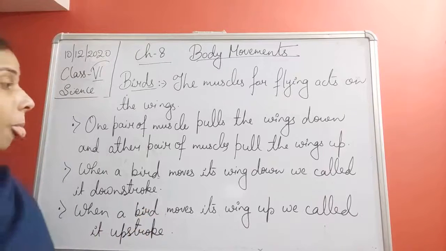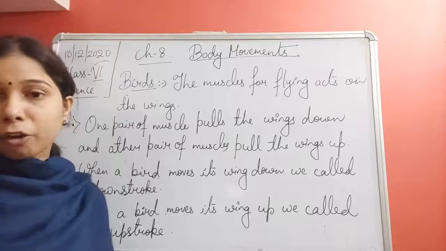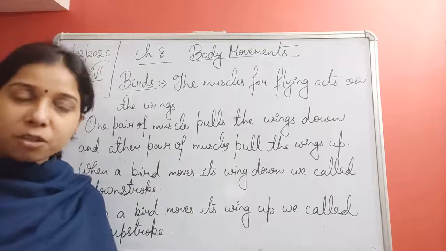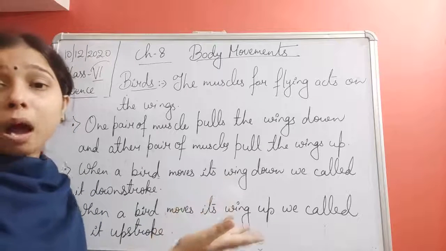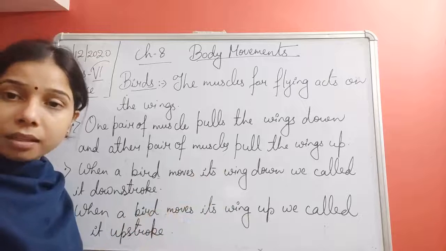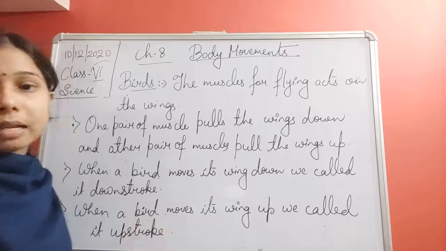Okay, so a pair of muscles work together. One pair of muscles makes the wings move in the downward direction. The other helps in making the wings go up. Basically, when the bird moves the wings down, we call it the downstroke, and the other is called the upstroke.